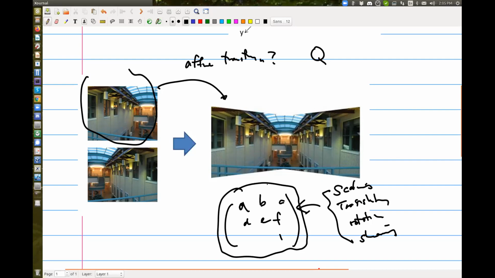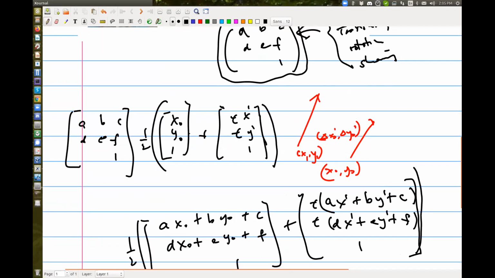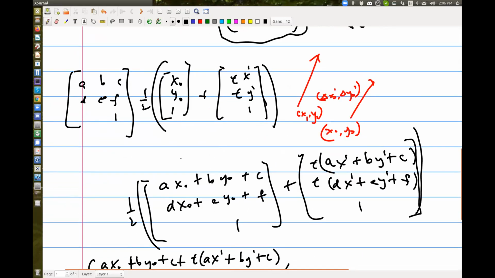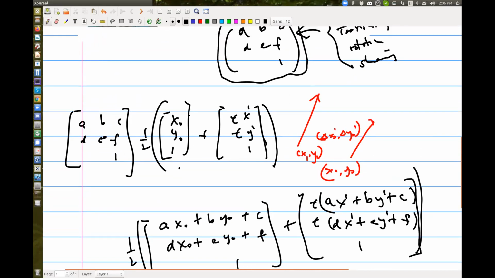So why is this not an affine transform? Actually, I have prepared the proof here, but I'm not going to go through it. Maybe I can quickly show that if you have a parallel line, say x0, y0, 1 plus t times x pi, y pi, this represents a line.